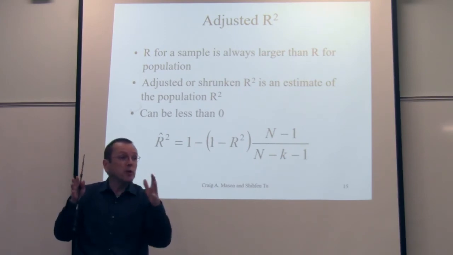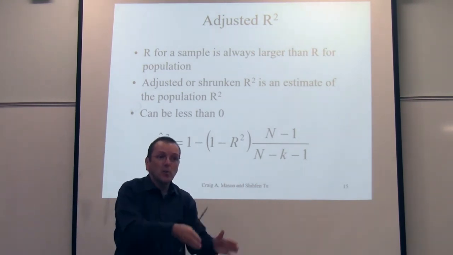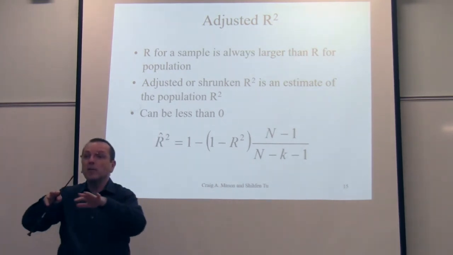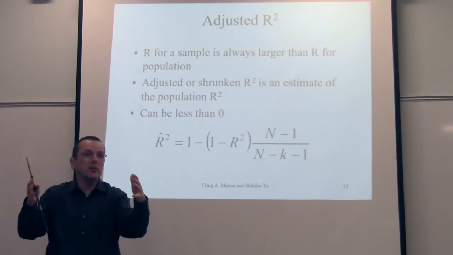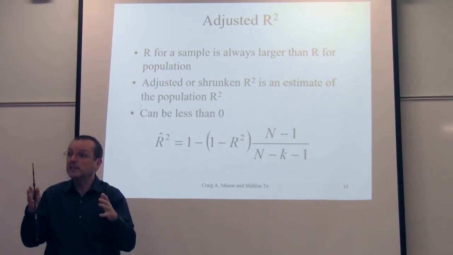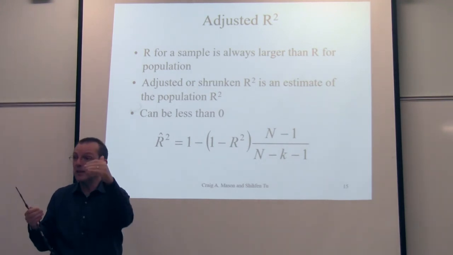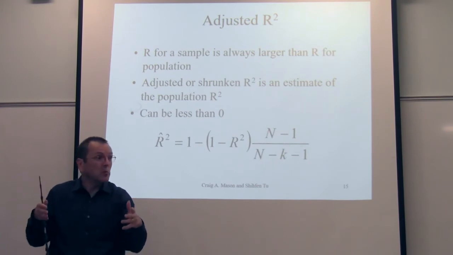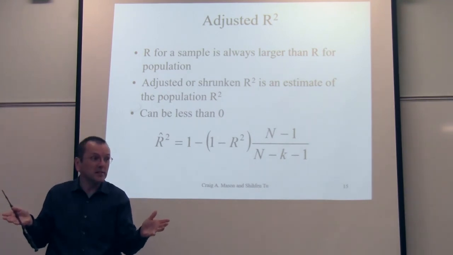And in both multiple and simple regression, our R squared is the regression sum of squares divided by the total sum of squares. Because it's two squared numbers, R squared is always positive. Well, think about it. R squared. Right there, it tells you it has to be positive.